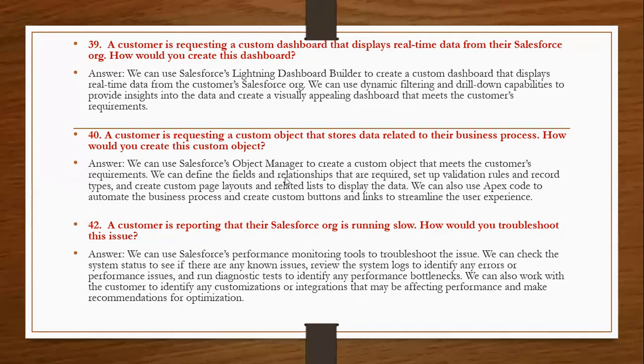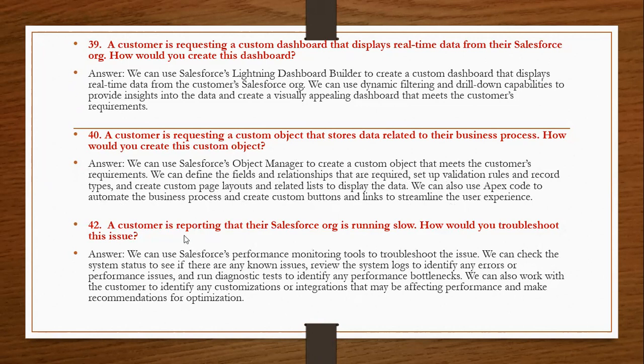We can define the fields, the relationships that are required, and set up validation rules and record types, and create custom pages and layouts and related lists to display the data. We can also use Apex code to automate the business process and create custom buttons and links to streamline the user's experience.